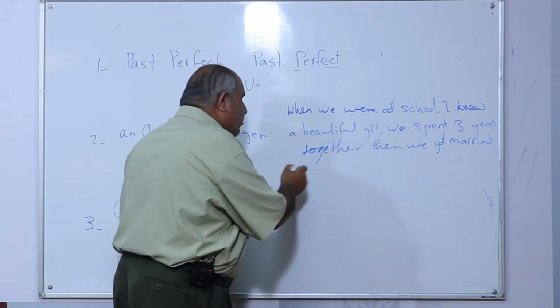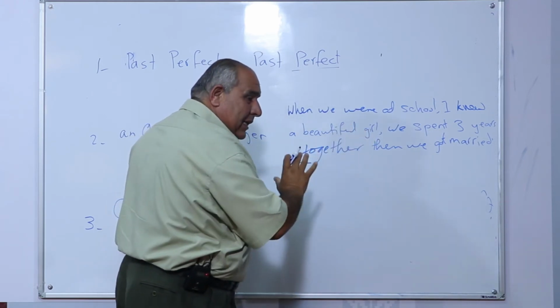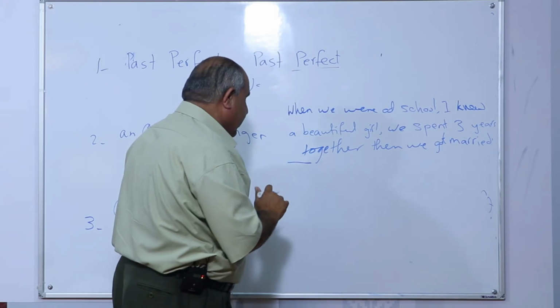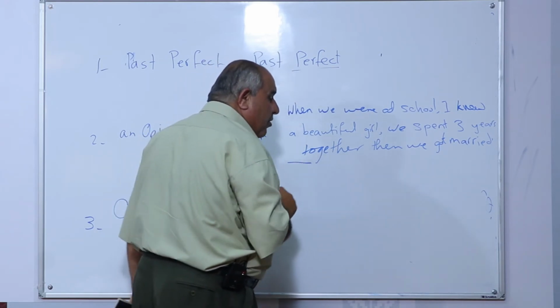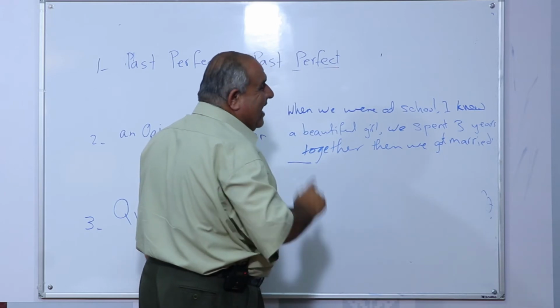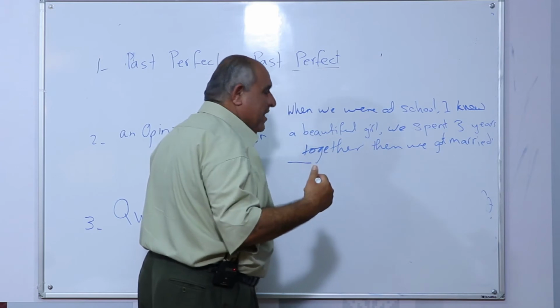But now when we talk about the past, we use the past simple tense to tell us about this chronological order. But when we talk about the past perfect, we talk about an action that happened before another action.